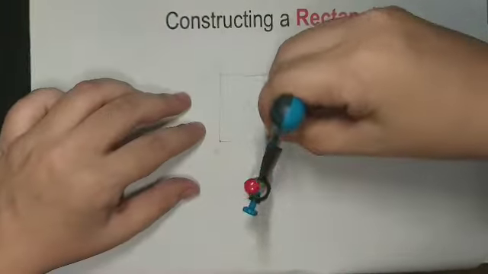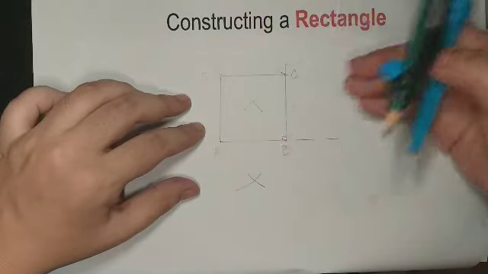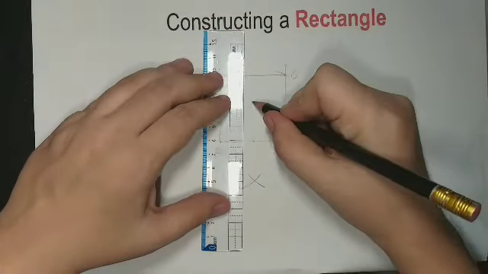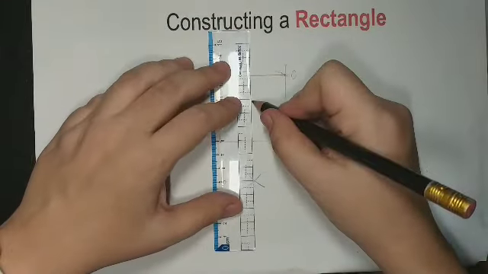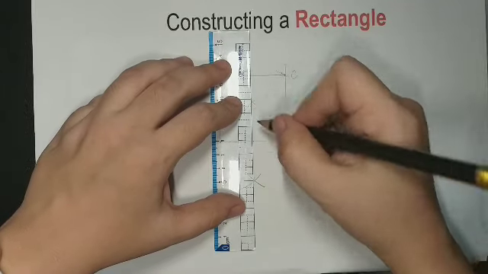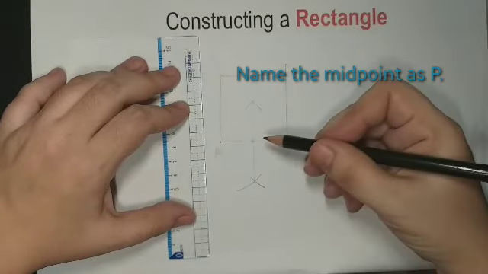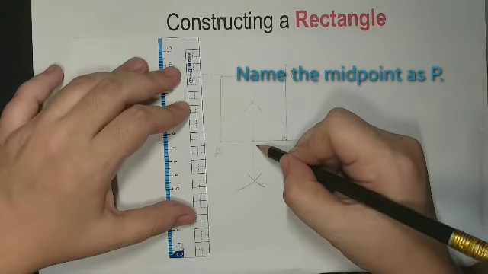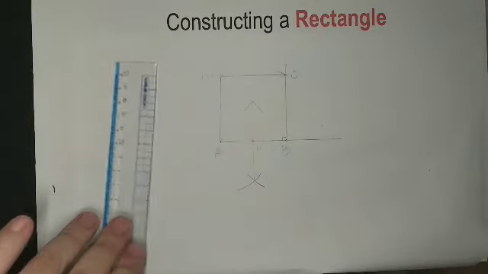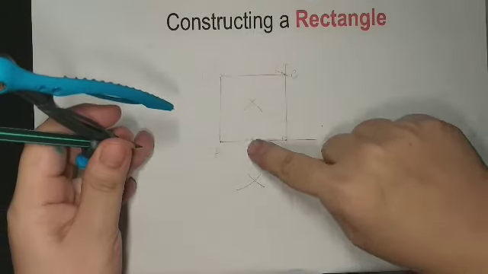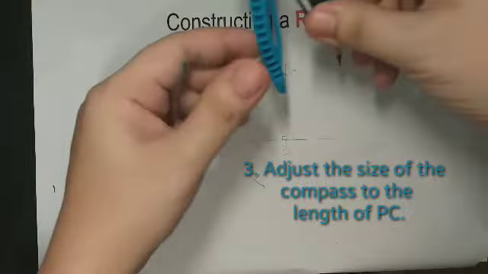So we have to use B again as the center here. And now we have these 2 intersecting arcs. We now connect these 2 points with our ruler. So now we know that this point of intersection is the midpoint of the segment AB, and let's name this point as point P. Next step is we have to measure the length of PC from point P to point C with our compass.